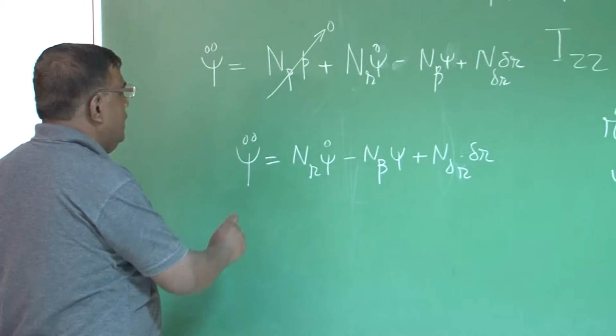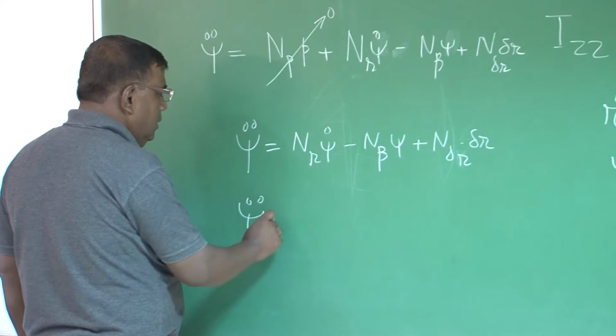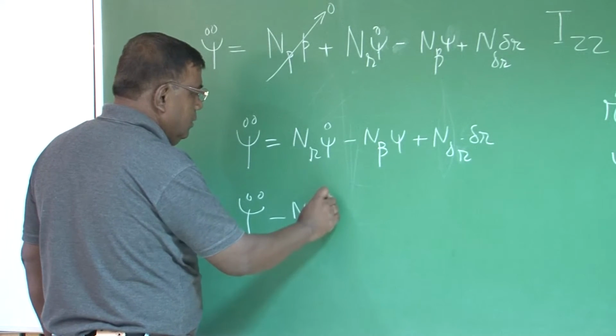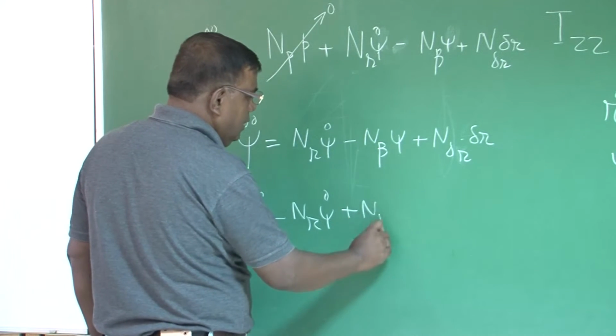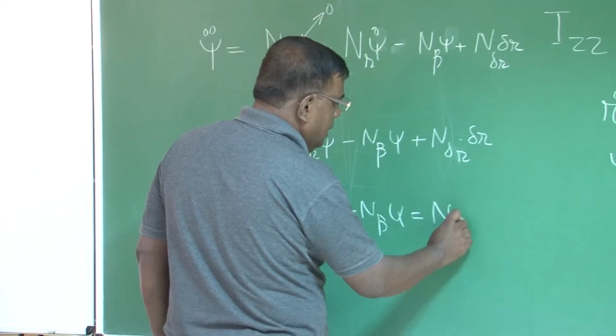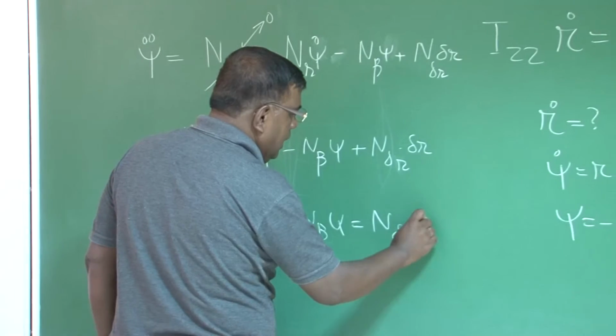So I can write this as psi double dot minus Nr psi dot plus N beta into psi is equal to N delta r into delta r.